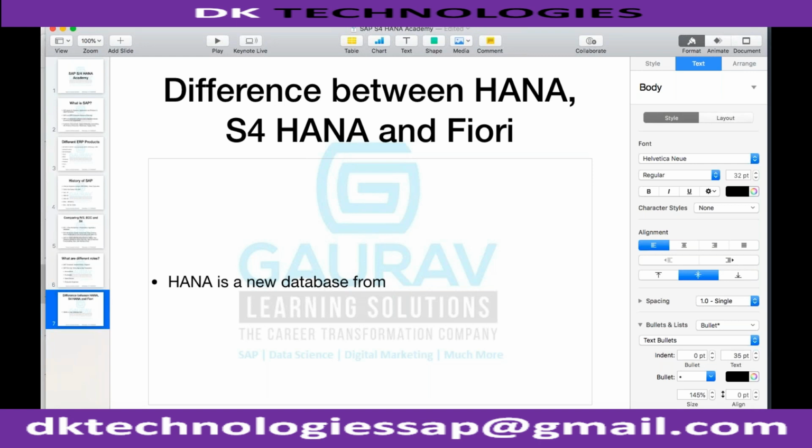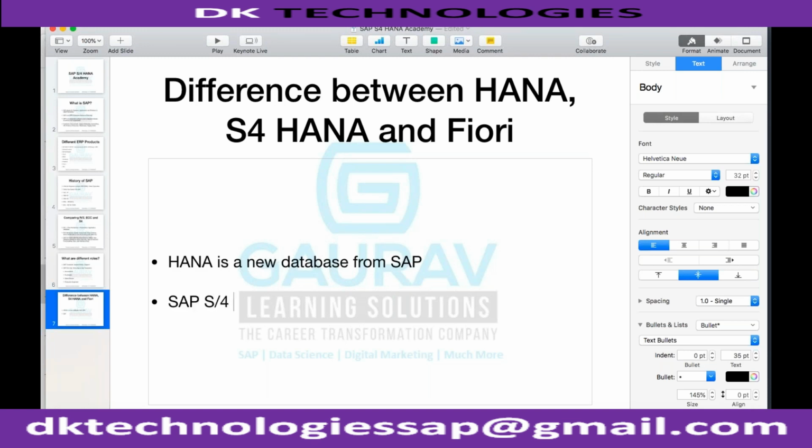Number two, you said SAP S4 HANA is an application. You remember those R3 layers: presentation layer, application layer, database layer. So HANA is a database layer, and S4 HANA is an application. SAP S4 HANA is an application.